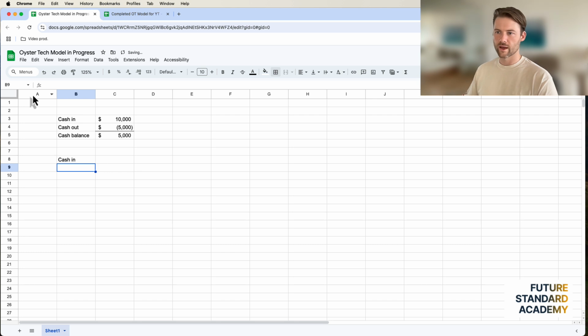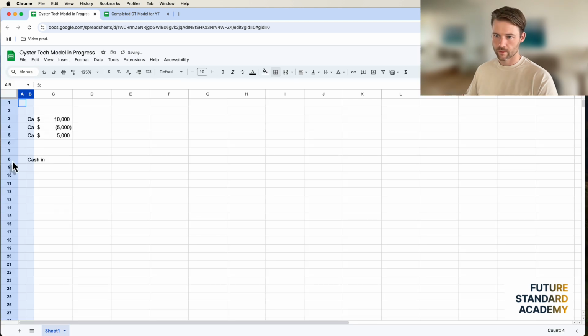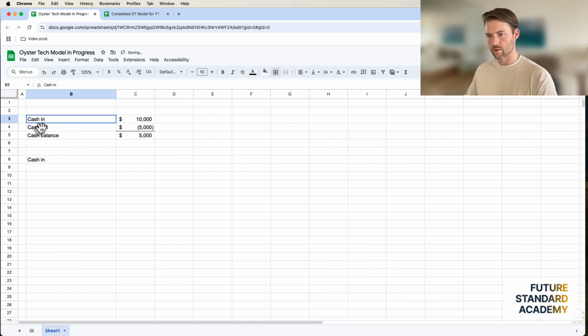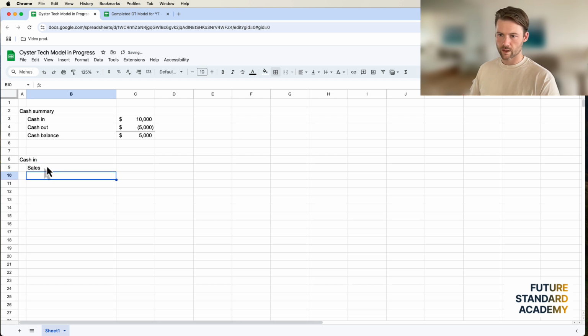So what's this cash in? Well, first off, let me do a little bit of formatting here. So cash in, let's call this cash summary. Cash in is going to consist of sales less your cost of goods sold equals your gross margins.